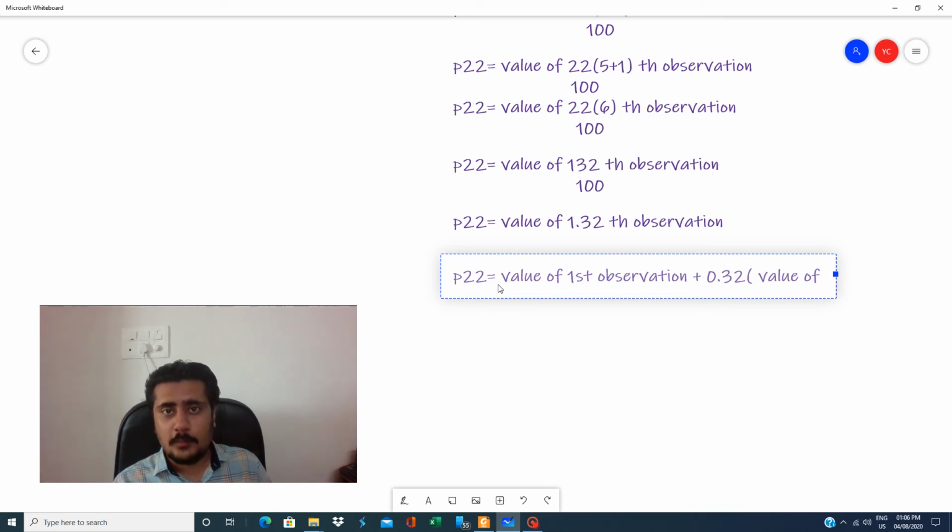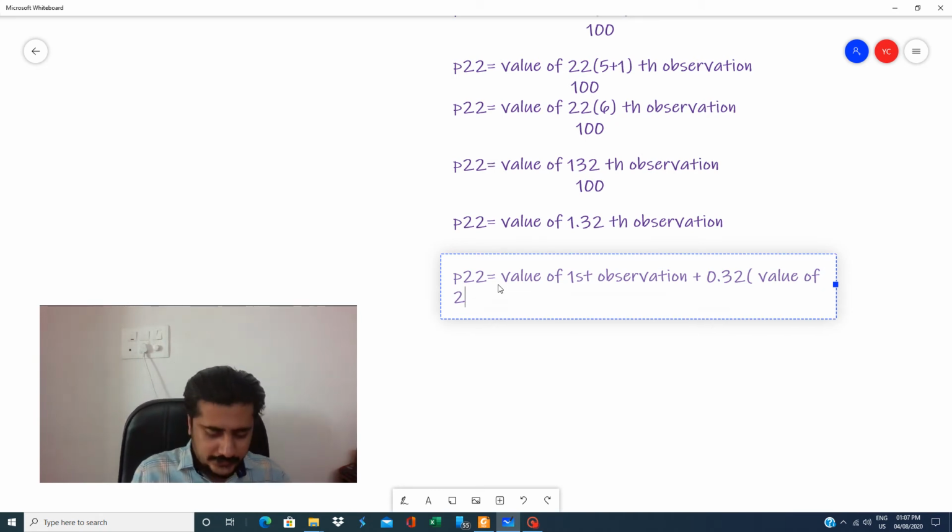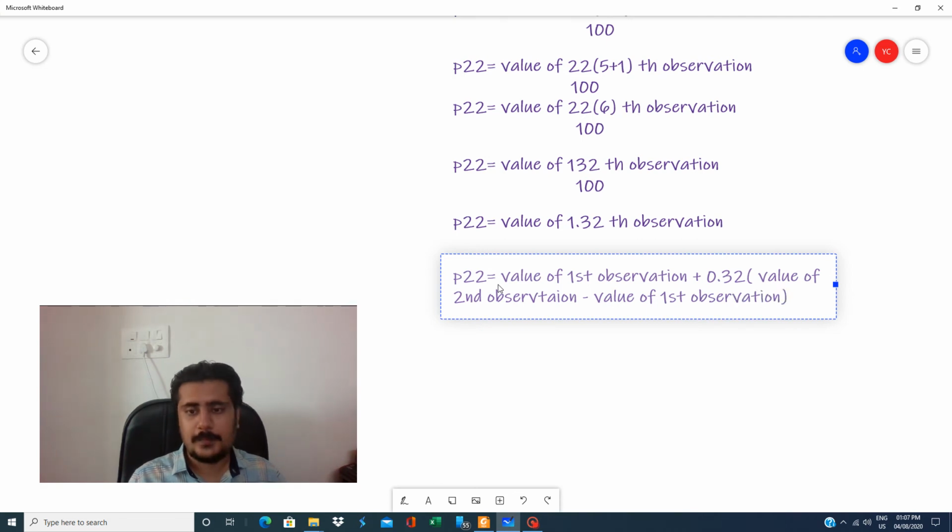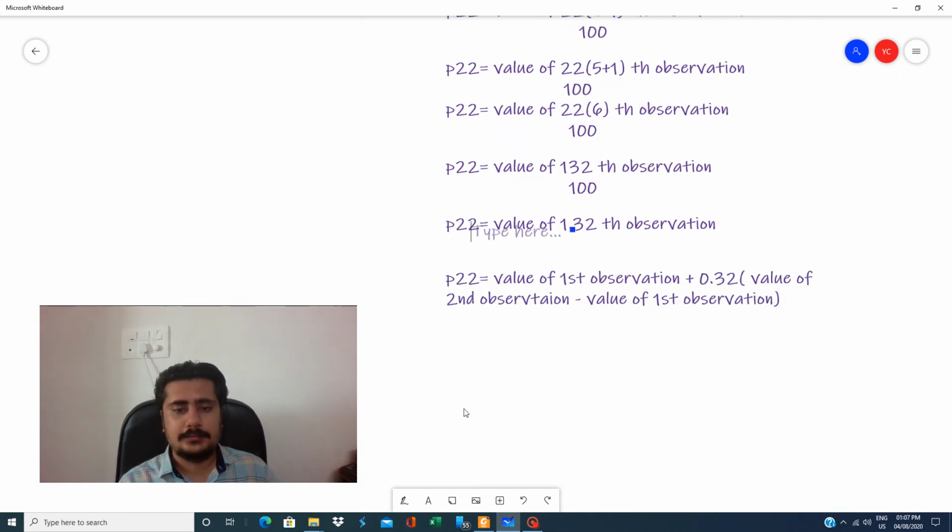I told you that 1.32 is in between 1 and 2, 2 is bigger, 1 is smaller. So you will subtract bigger minus smaller. It is value of second observation minus value of first observation. Yes.